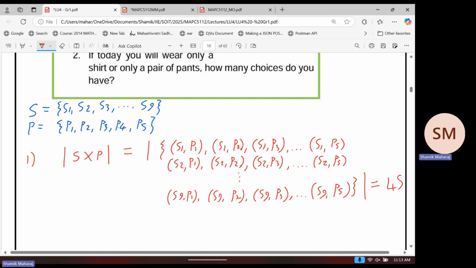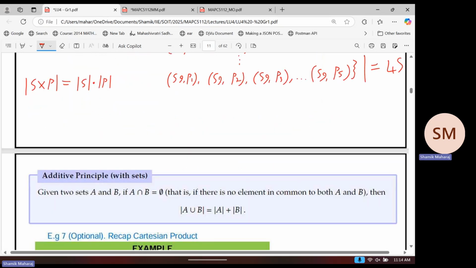Okay, so the shorter way to do this, which we will learn in a moment, is that the cardinality of a Cartesian product can be shortened to the cardinality of the first set times the cardinality of the second set. Let me just check the condition. I'm sure that was it.